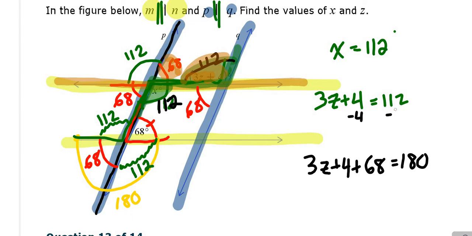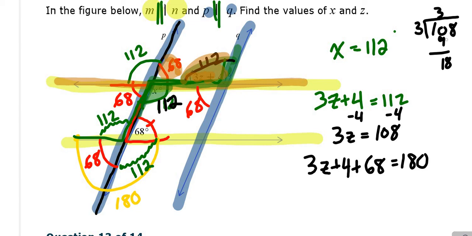We're going to minus 4. And we end up with 3Z equals 108. And we get the fact that Z is 36. It's not 36 degrees, it's just 36 because it's a variable.